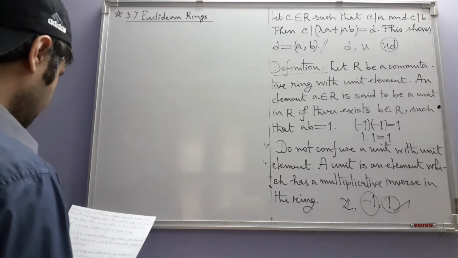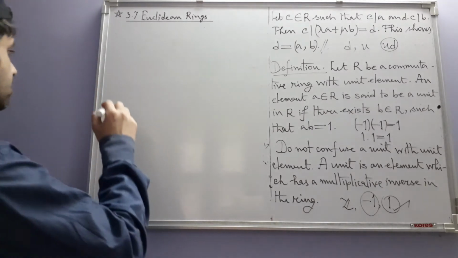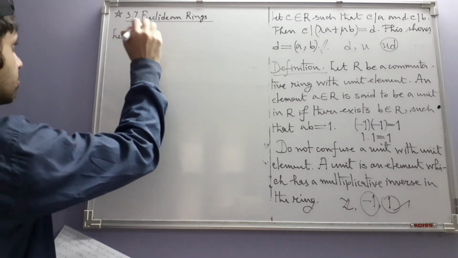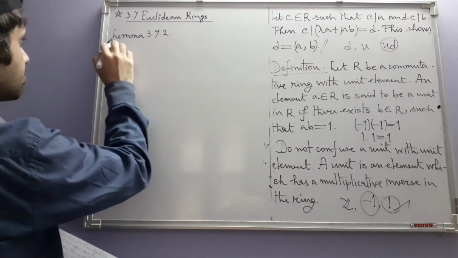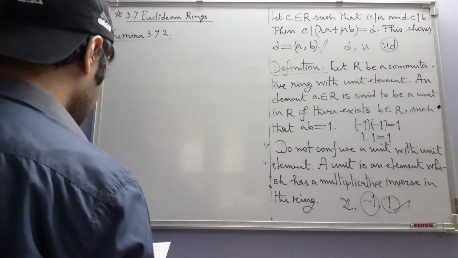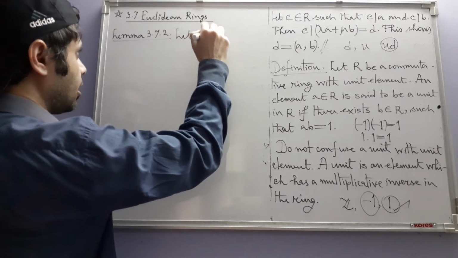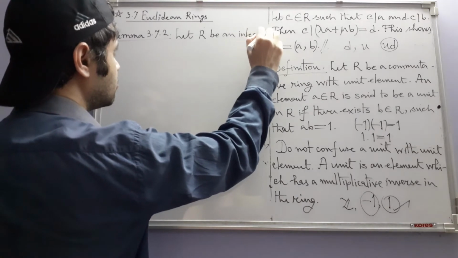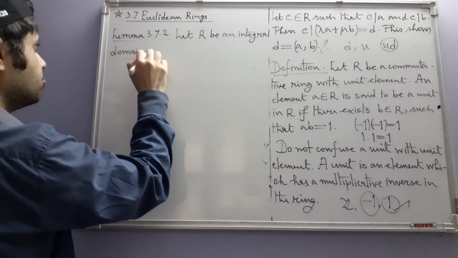Now there are some lemmas regarding this unit and some other things. So this is the second lemma. So what it says, let R be an integral domain with unit element.